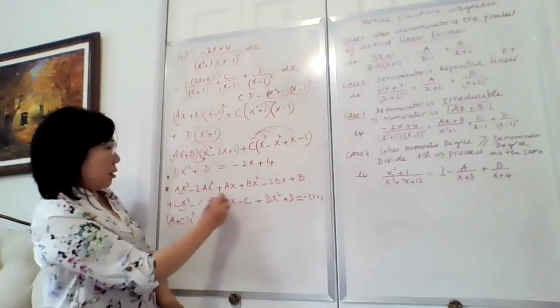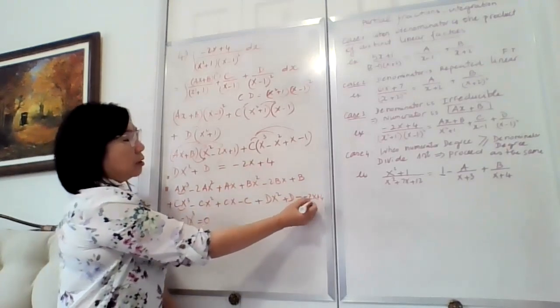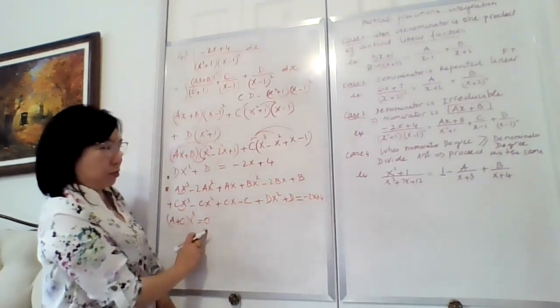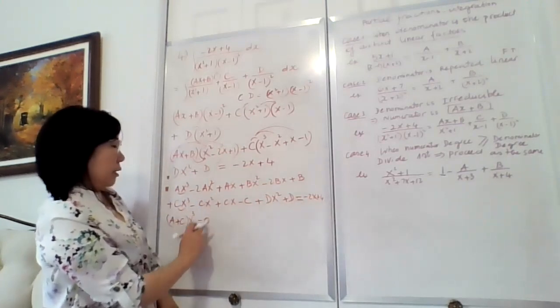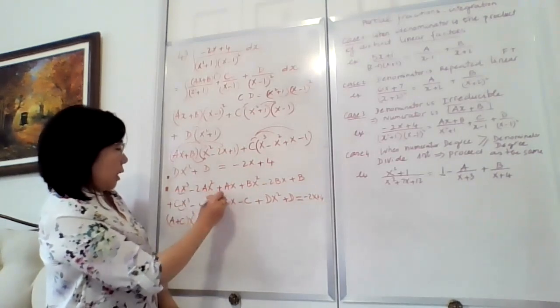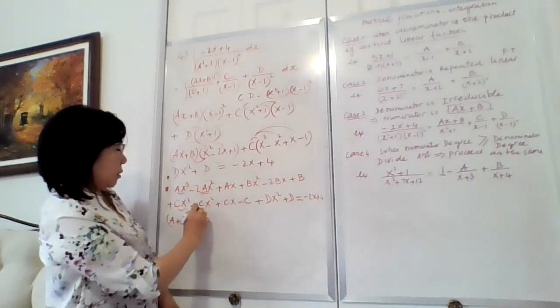And that's true because the numerator doesn't have an x to the power 3. So of course the term of x to the power 3 will be equal to 0, right? That's how it looks like. So I'm done with this one. I'm going to do x squared. So I'm going to put 2 lines as the x squared.